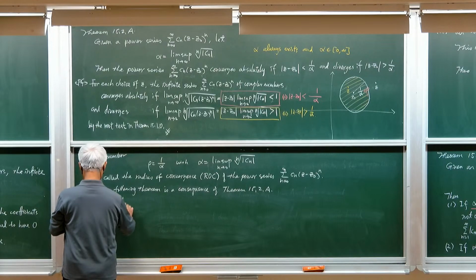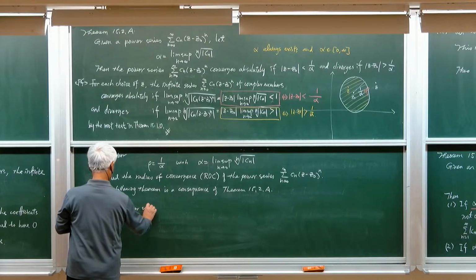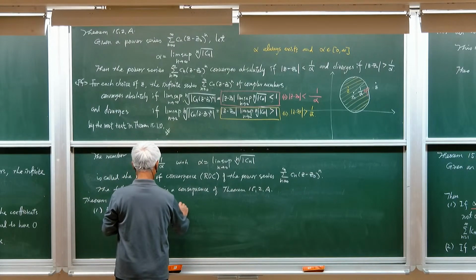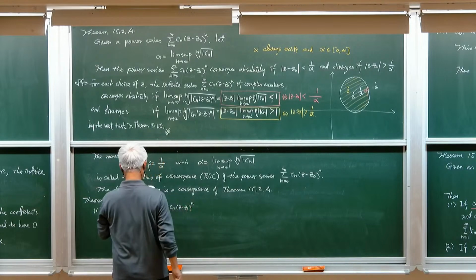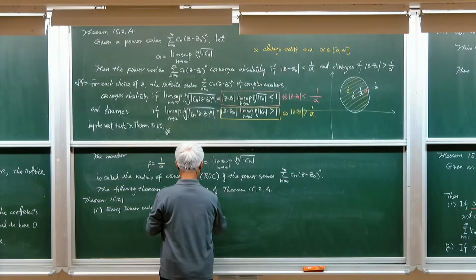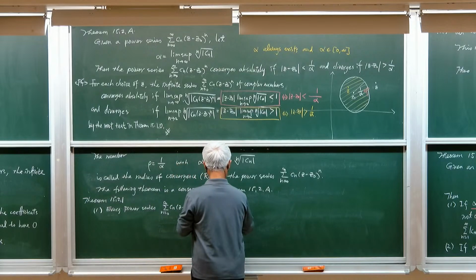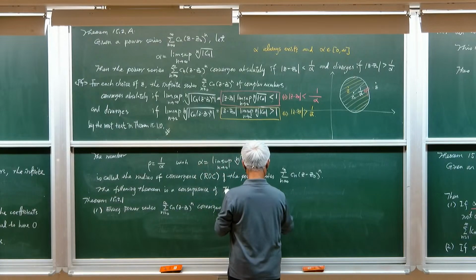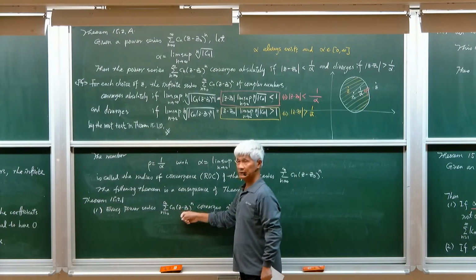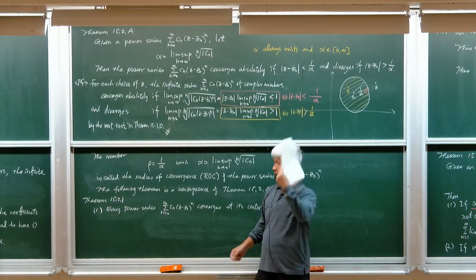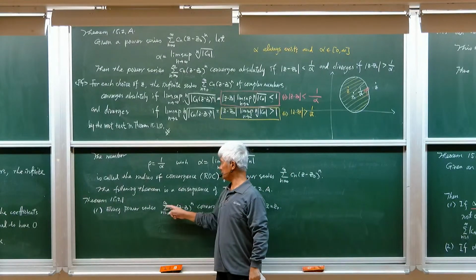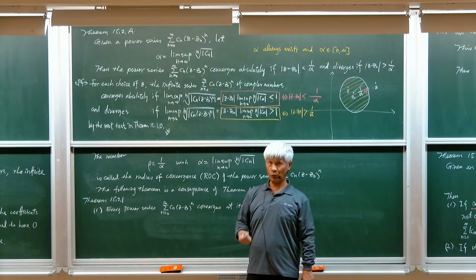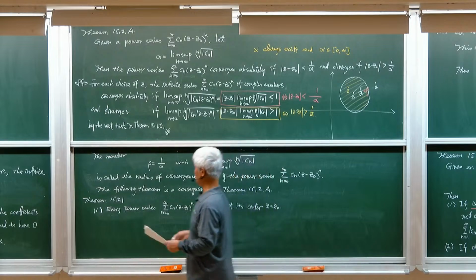So first, every power series converges at its center. Why? If z is equal to z0, then the power series is a series of zeros. So this sum is equal to 0. So of course it converges. This is trivial.